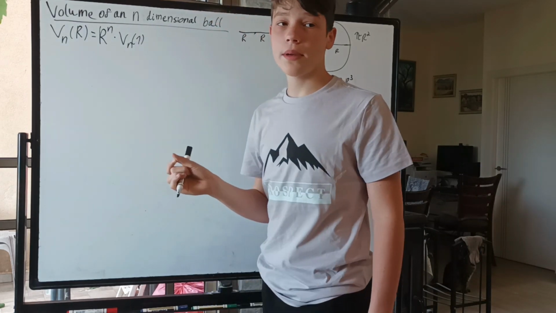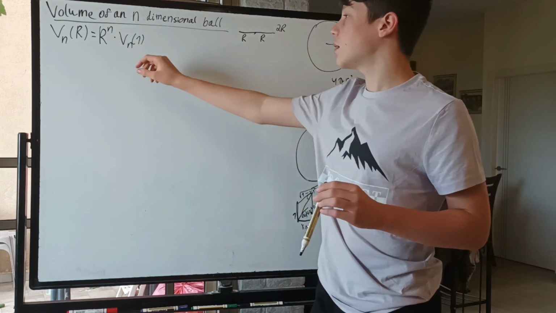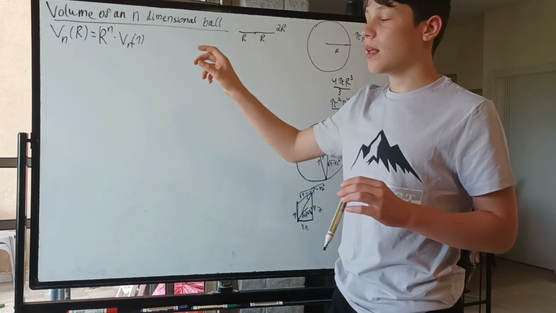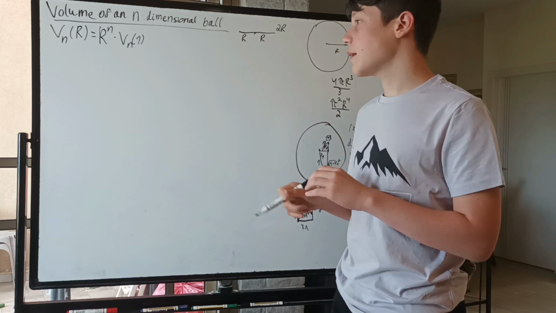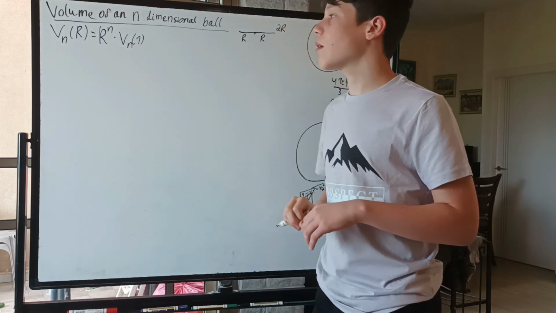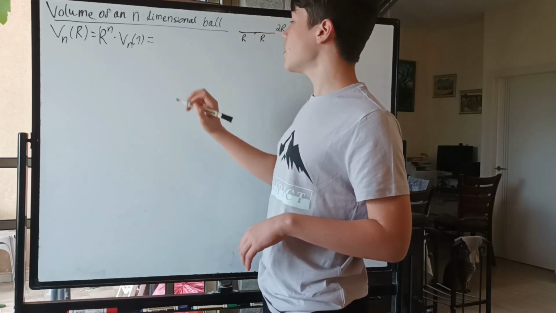Because it's n-dimensional, if we scale r down to 1, then the volume will be scaled by r to the n, meaning that Vn(r) over r to the n is Vn(1). If we multiply by r to the n, we get this.